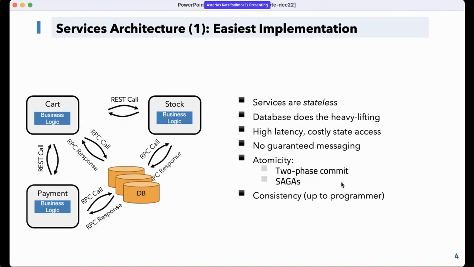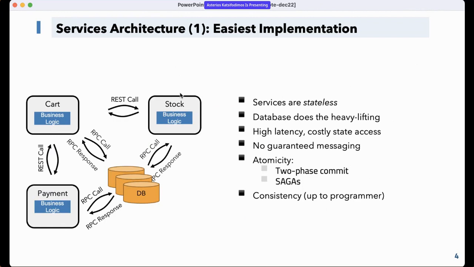you're going to use sagas. Now, sagas is a form of transaction which is eventually consistent. So you're going to take the stock, you're going to make the payment, and if anything goes wrong, you're going to send compensating actions to the services to take back what you did before. For example, in the payment, you will give back the money to the client.